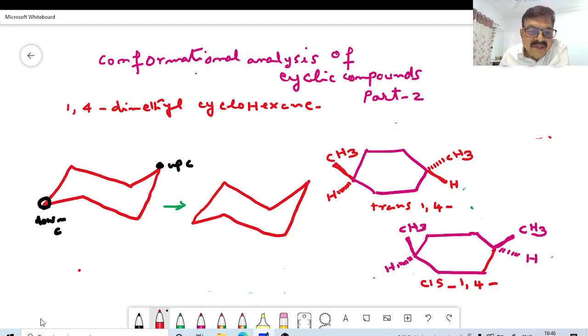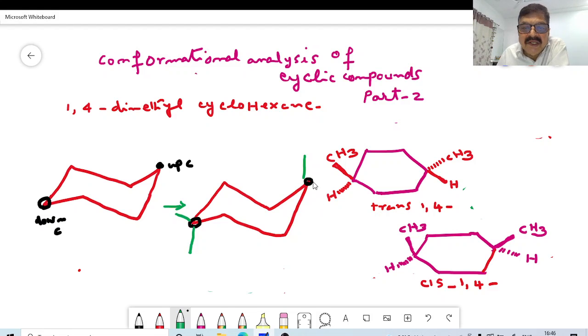We have seen this is the down carbon and this is the up carbon. Okay, so on the up carbon the axial group will be up. On the down carbon the axial group will be down and the equatorial group will be up.